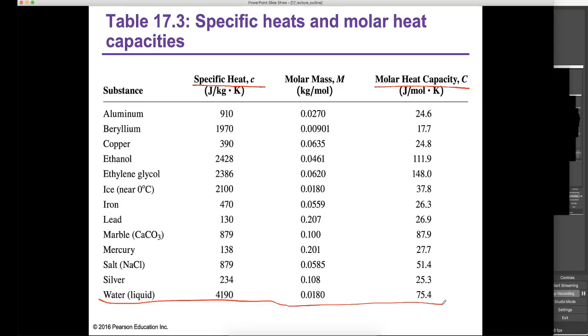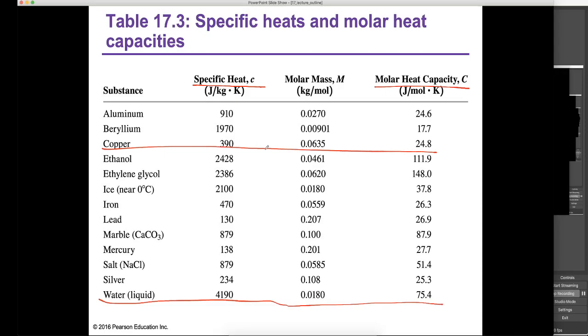So that means if you want to heat up water by the same delta T, or the same change of temperature, it's more difficult. Let's compare water and, let's say, copper. See, the value of copper is very low.